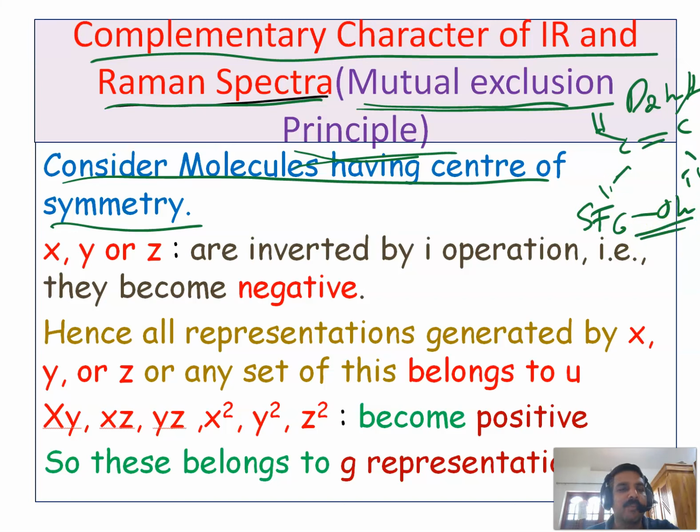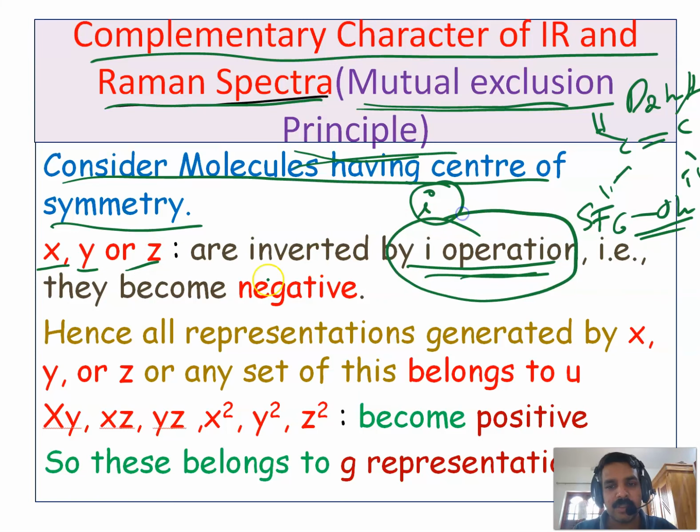These are centrosymmetric molecules. In a centrosymmetric molecule, we know there is an element called the center of inversion, I. So let us operate this inversion on the x, y, z coordinates.